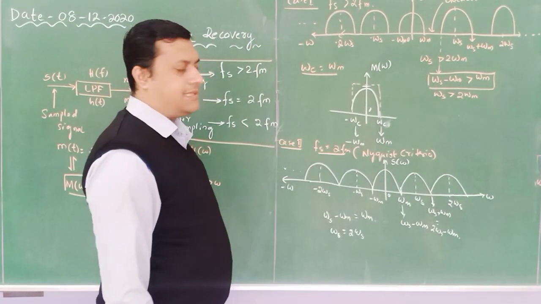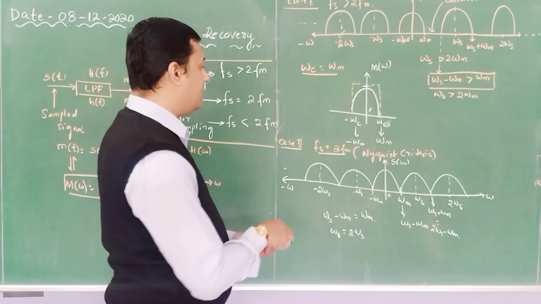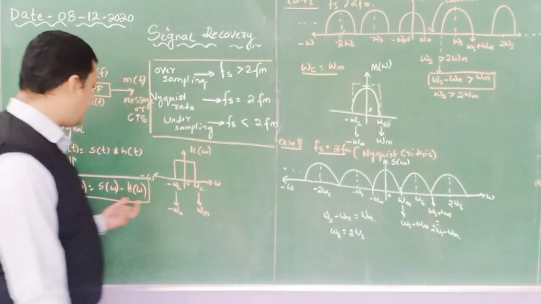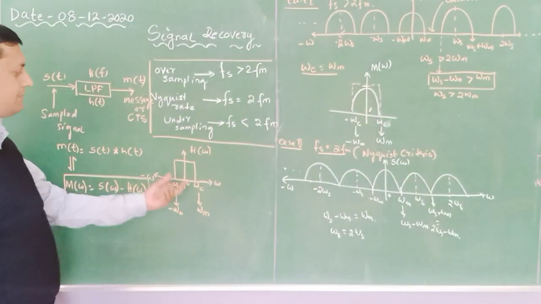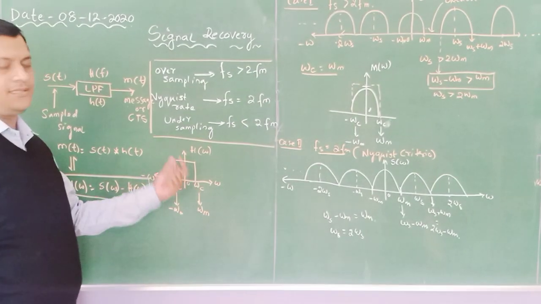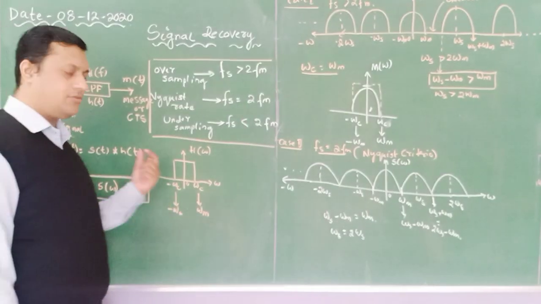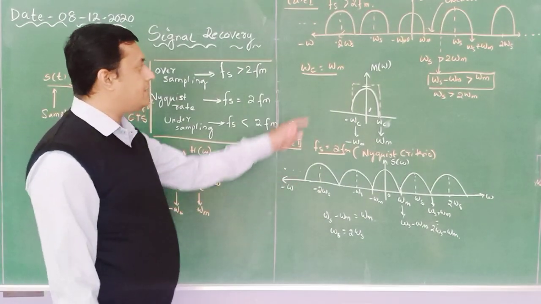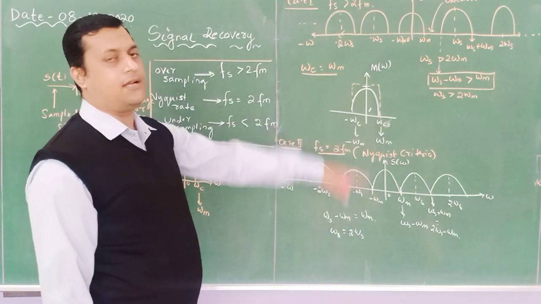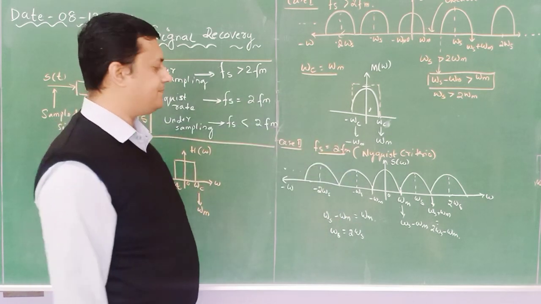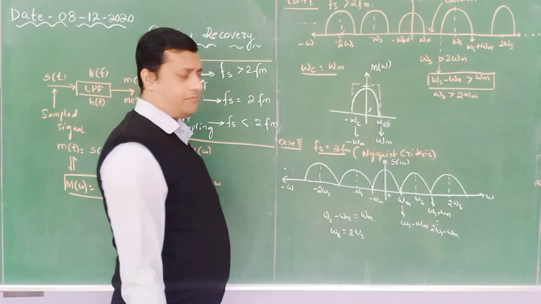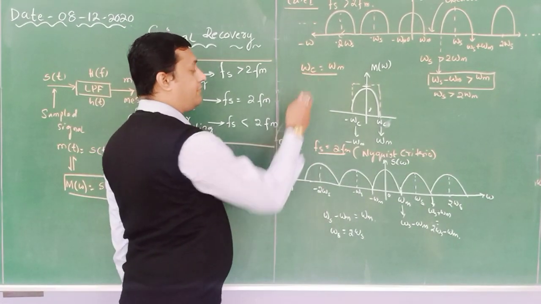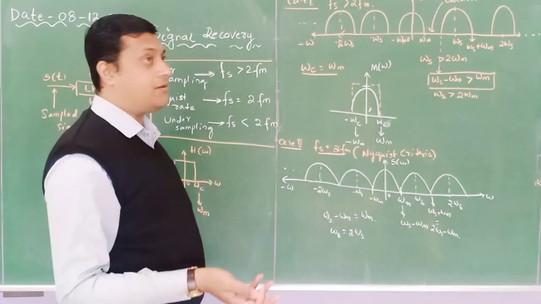So if this is the case, then when this sample is passed through this filter, and this filter response is omega c and minus omega c, and if it is matched such that omega c is equal to omega m, now in this case what happens? First I am considering omega c equal to omega m.